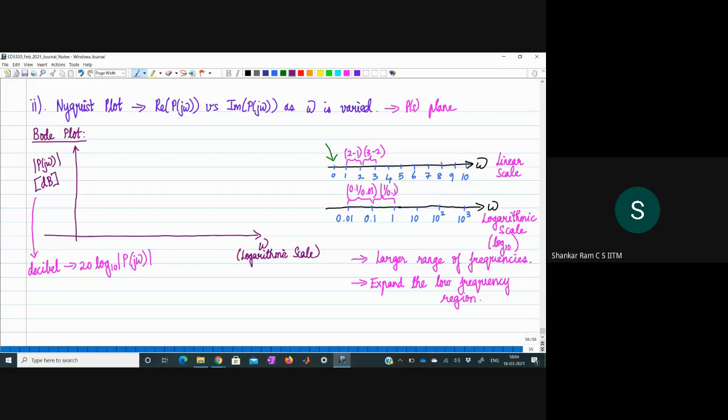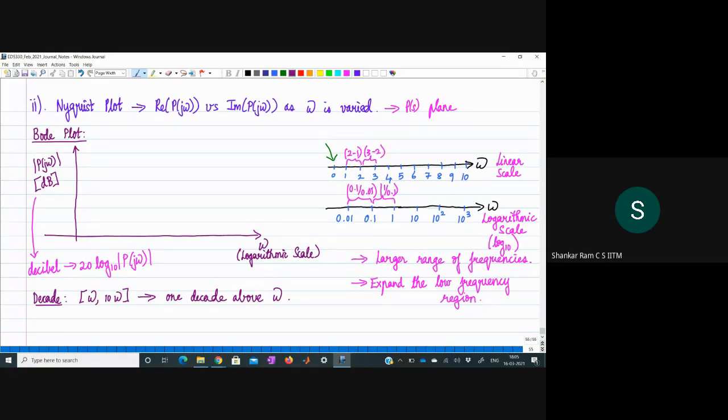Okay, some more definitions associated with this frequency range: we need to know what is 1 decade of frequency. A decade of frequency covers a range from a frequency to either 10 times above it or 10 times below it. So what do I mean by this? Let us say I take a frequency omega and then I consider a region between omega and 10 times omega. Okay, so I am considering a range of frequency that is 1 decade above omega. I hope it's clear why it's called 1 decade above.